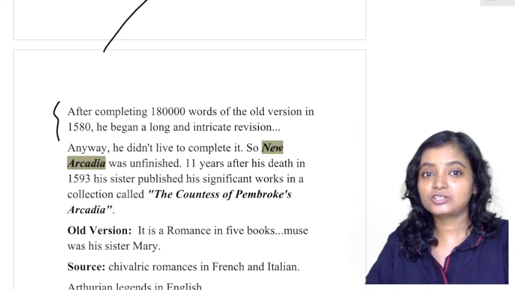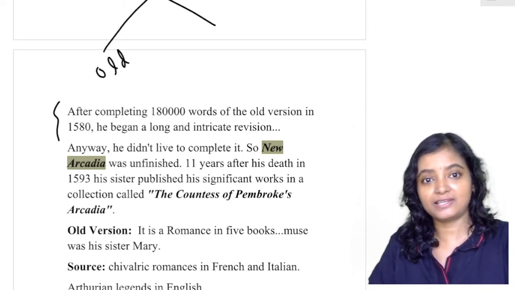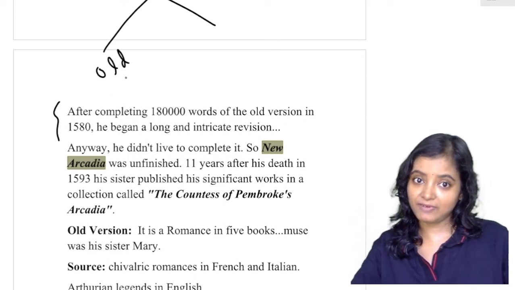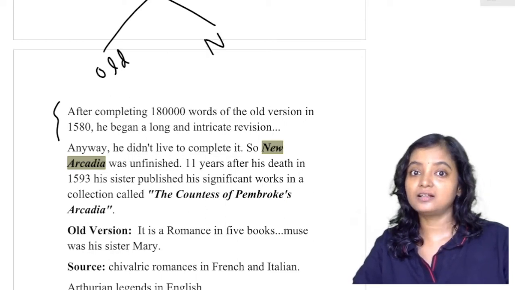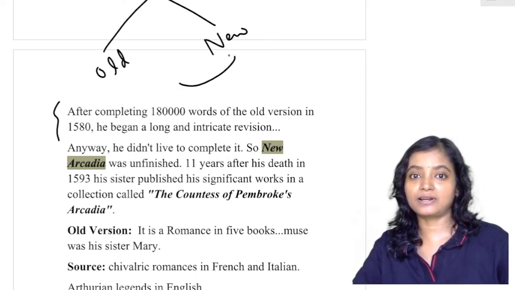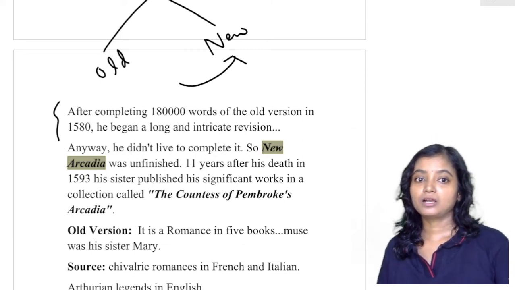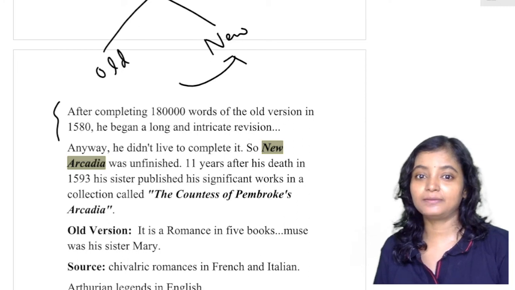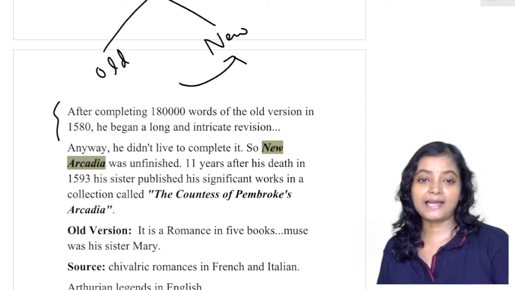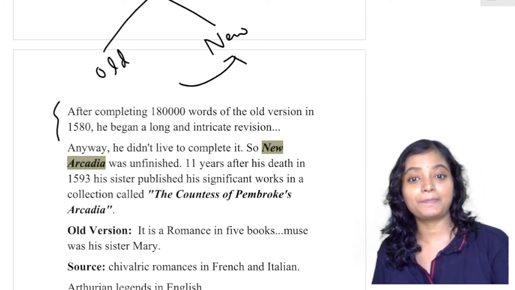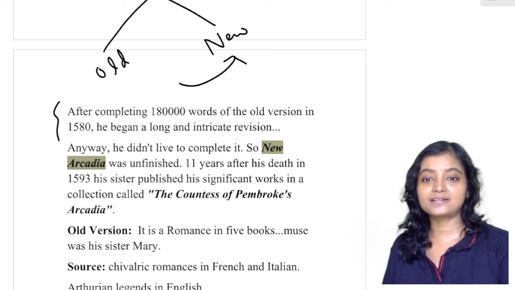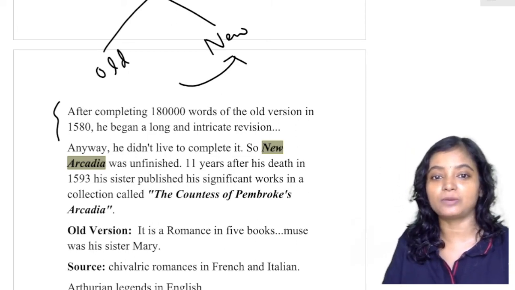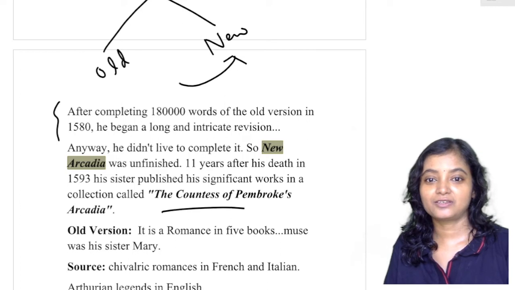So Old Arcadia he finished, and when he started revising, it became New Arcadia, but he could not finish it. The New Arcadia was unfinished, and 11 years after his death, in 1593, his sister Mary published his significant works in a collection called The Countess of Pembroke's Arcadia. So his sister did this.